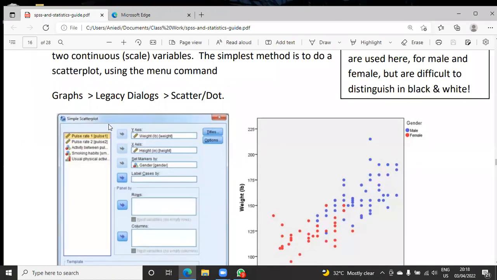We have the weight in pounds plotted on the y-axis against the height plotted on the x-axis. And they now decided to split into male and female, the blue color standing for male and the red color for female.